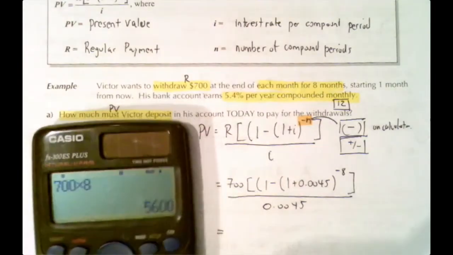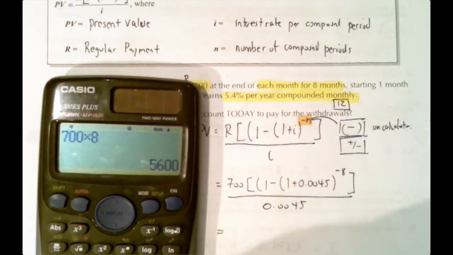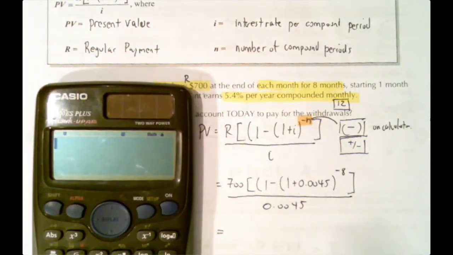All right, we're going to type this whole thing in our calculator. It's the easiest way to do it. If not, do the whole top and then divide by the bottom. But we got 700, bracket, bracket, 1 minus, bracket, 1 plus 0.0045, close bracket, exponent button, and we want negative 8.